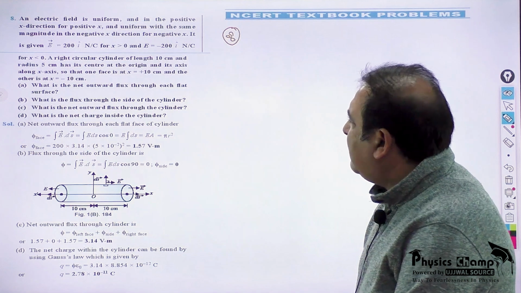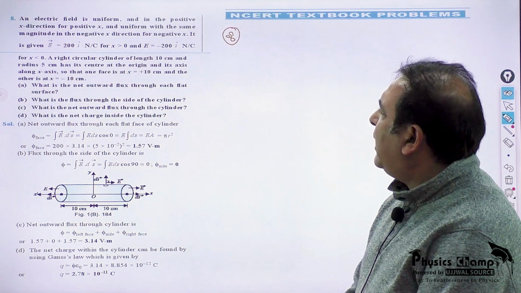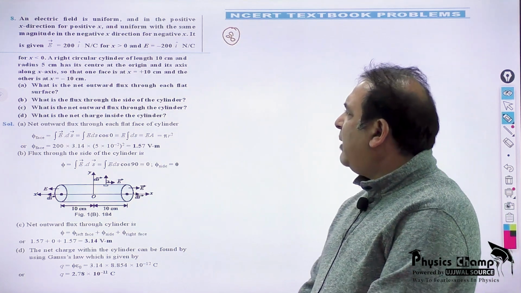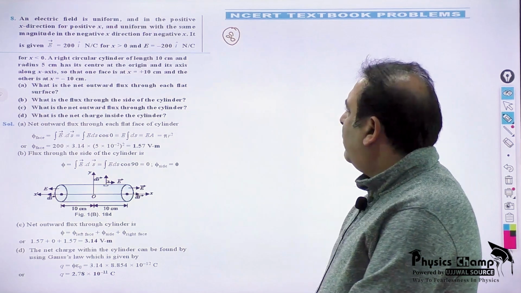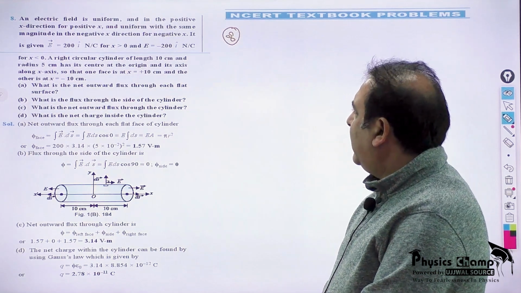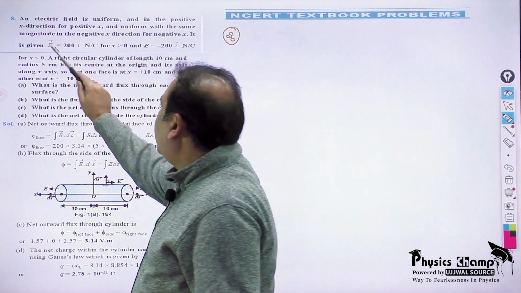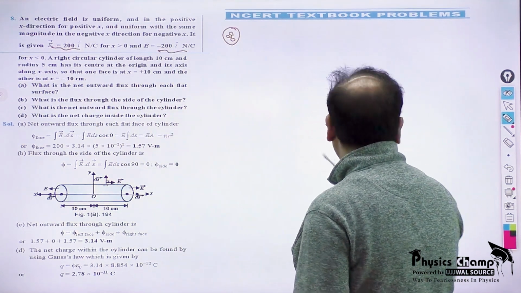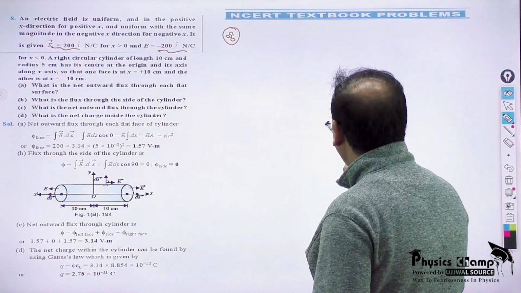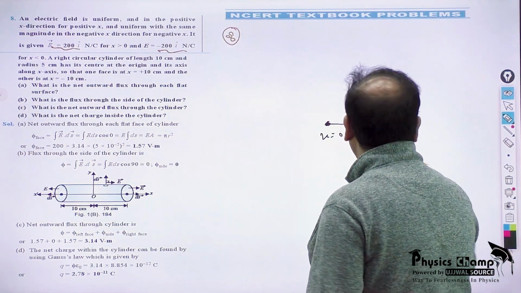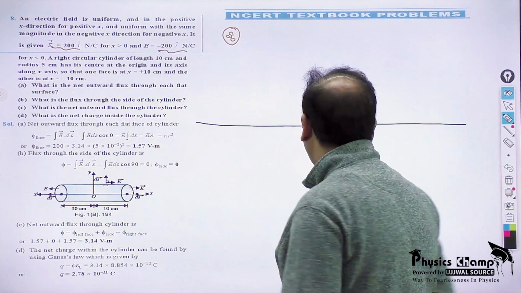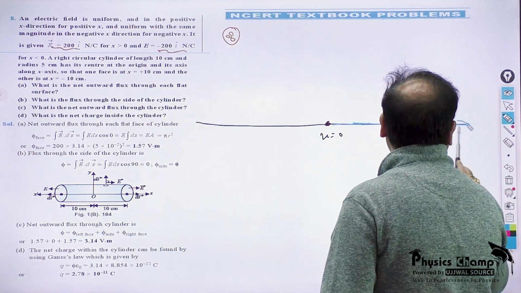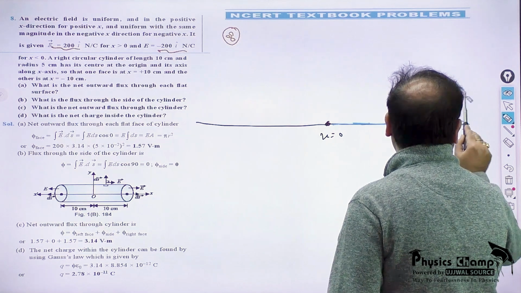Question number 8. There is an electric field which is uniform and in the positive x direction for positive x, and uniform with the same magnitude in negative x direction for negative x. The electric field has a value 200i and also minus 200i. So just imagine, at x equal to 0, if you go towards right, there is a uniform electric field which has a value 200i.